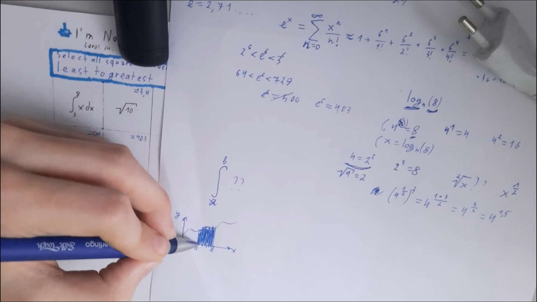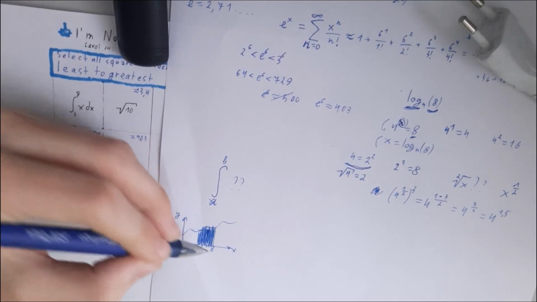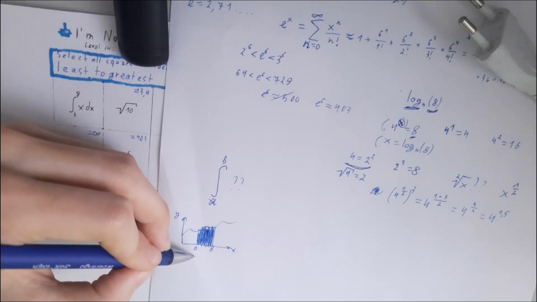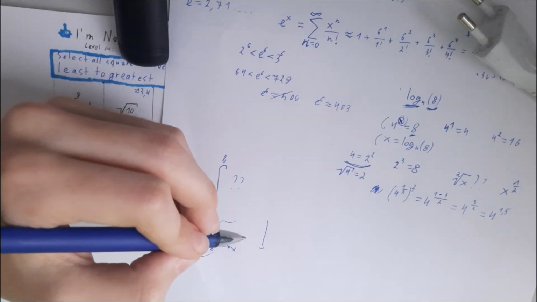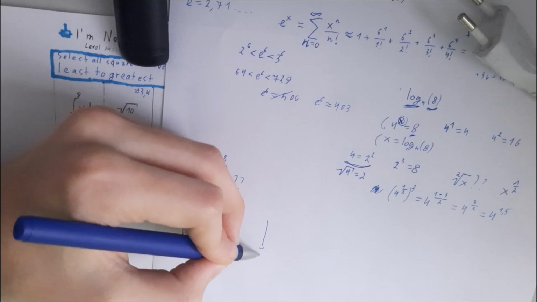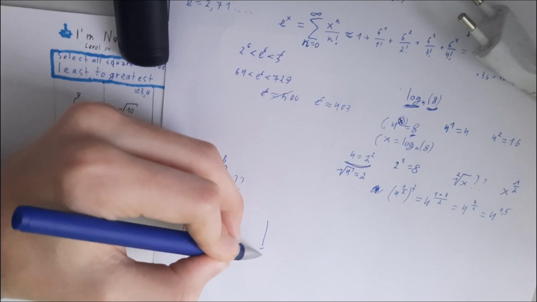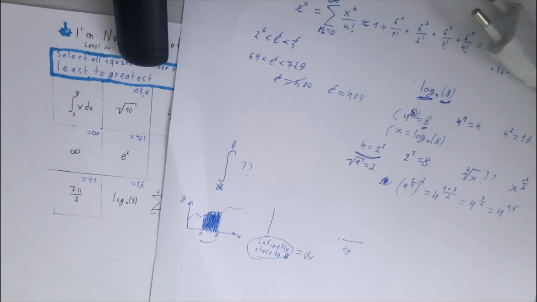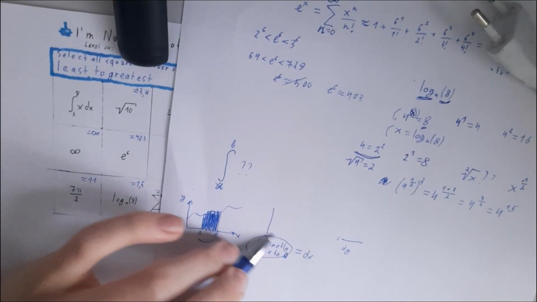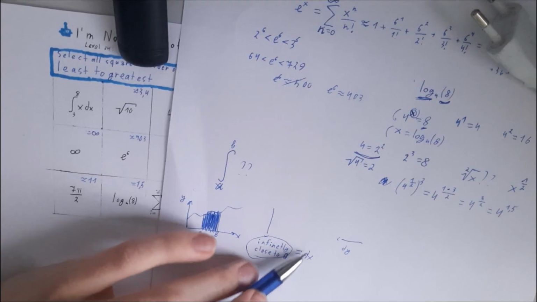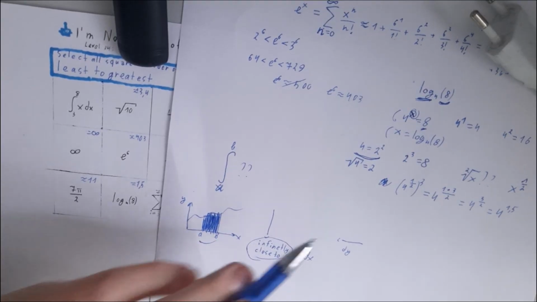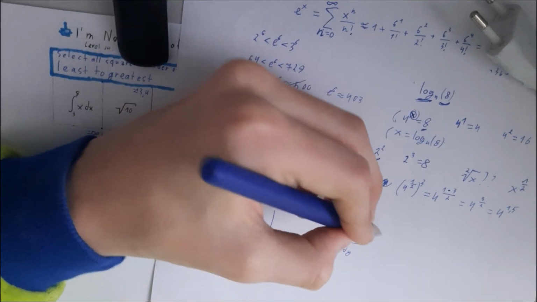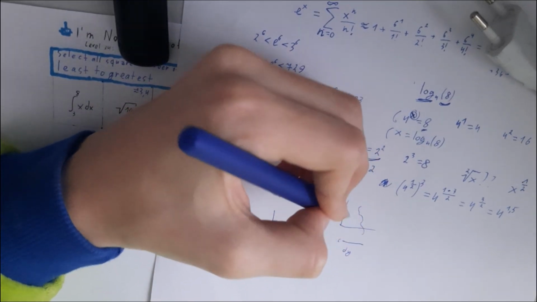And if these rectangles are very thin, very close to 0, our calculation will be precise. If our rectangle width is infinitely close to 0, the term infinitely close to 0 turns out to be dx, or dy if we need to do a graph like this.